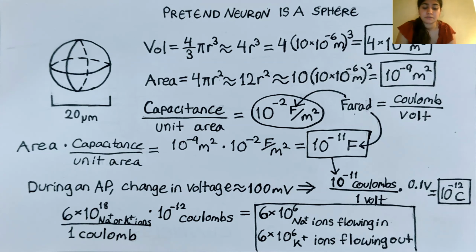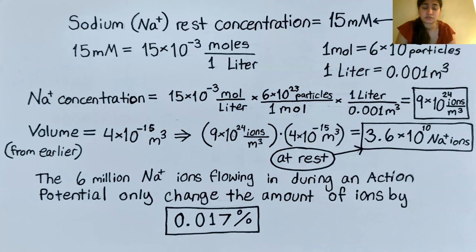Well, we can see how many ions we start with. Let's take the resting concentration of the ions and convert it into ions per meter cubed, and then we can multiply the ions per meter cubed with the volume of the neuron to find out how much impact this has.